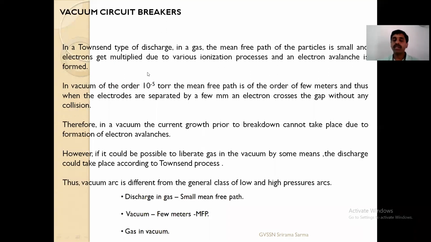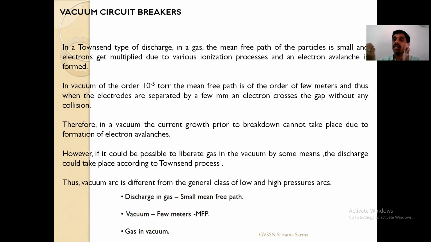Normally, if there is a discharge in the gas, there is a small mean free path. Mean free path means the path available for the movement of the electrons. If the mean free path is more, there is no possibility of collision of these electrons. One electron cannot collide with another molecule and cannot produce other electrons.